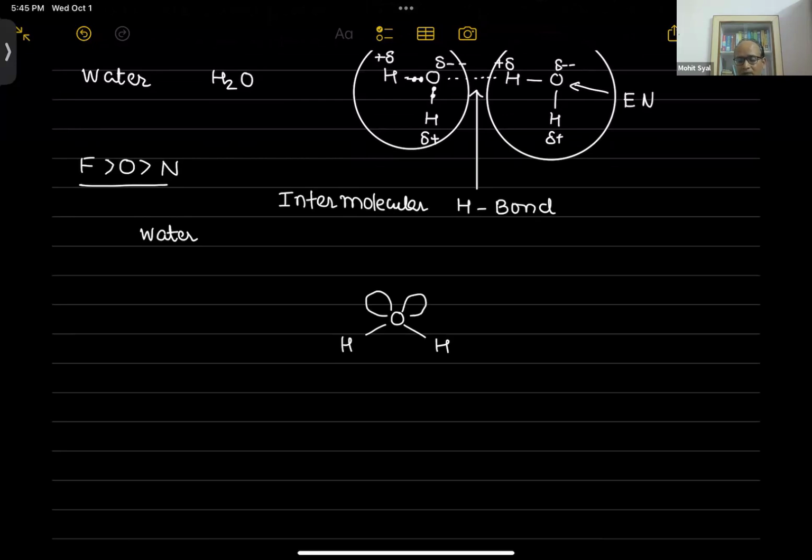These are the lone pairs. Lone pairs are the pairs of electrons we have seen which do not participate in bonding, and the H plus gets attracted by this negative charge. Is it clear?